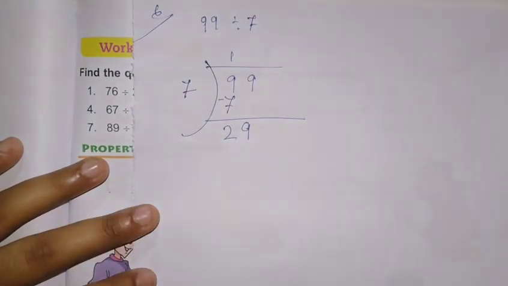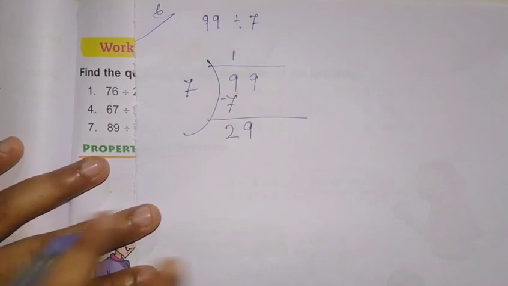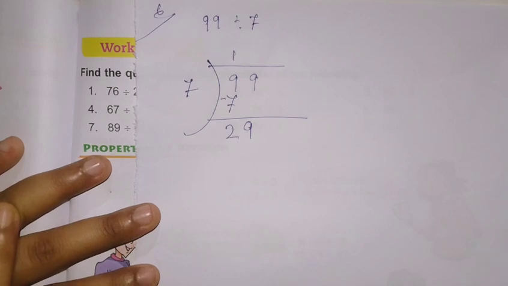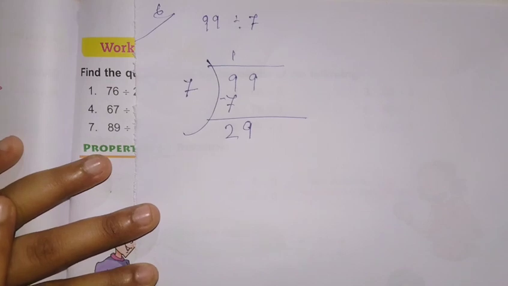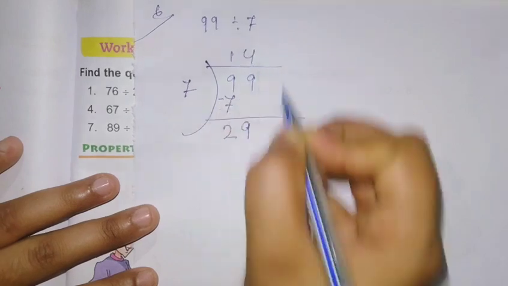Now the number is 29. Then we recite the multiplication table of 7 till we get 29. 29 will not be found in the multiplication table of 7. Then we take the one just less than 29. Then 7 4s are 28.